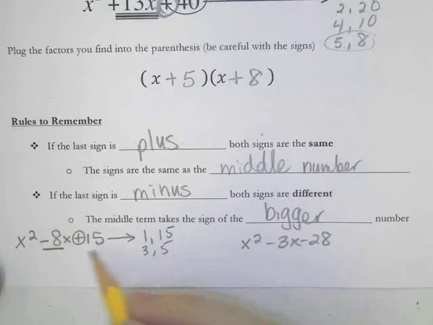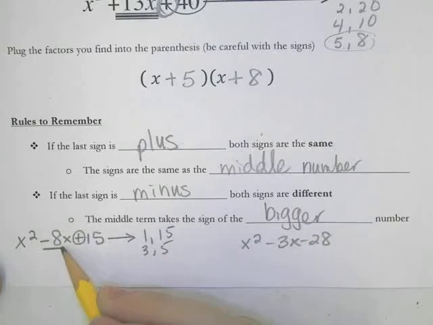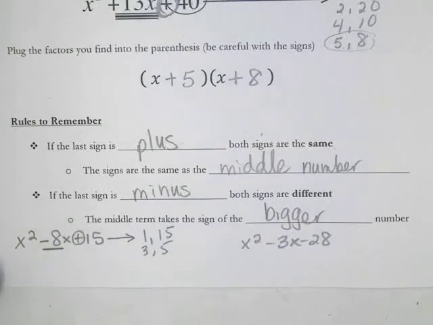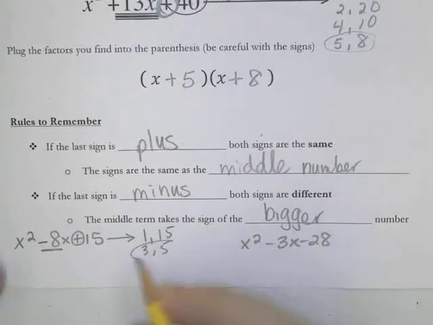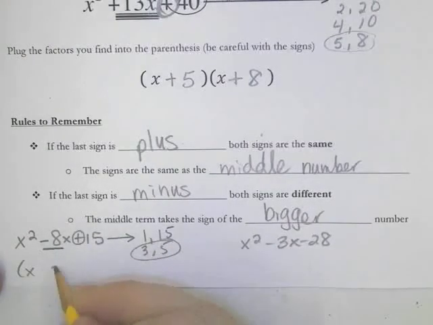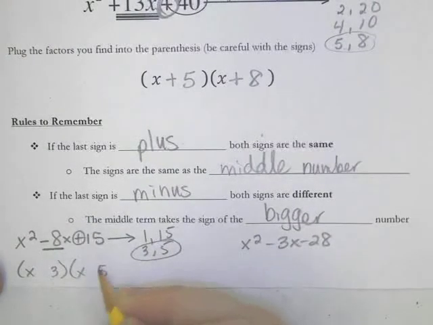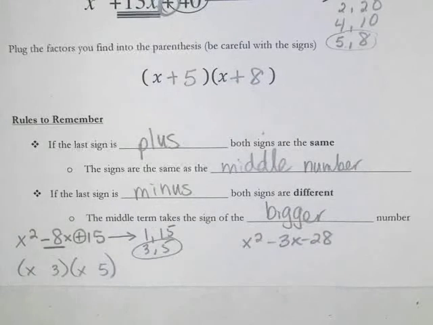Which of these add to give me 8? I don't worry about negatives or anything like that. I just kind of think about it as adding or subtracting, and that's 3 and 5. So I know I'm going to have a 3 and I'm going to have a 5. Once I have my numbers in, that's when I start to think about my signs. And since I added, they have to be the same. So these are both positives or both negatives. Well, since I have a negative 8, they're both going to be negatives.